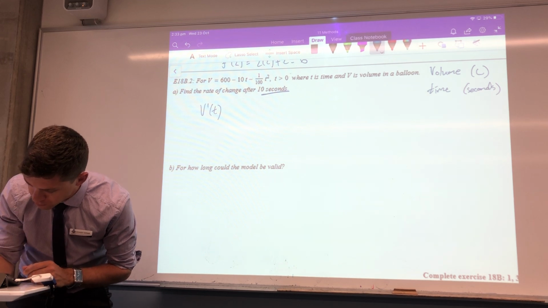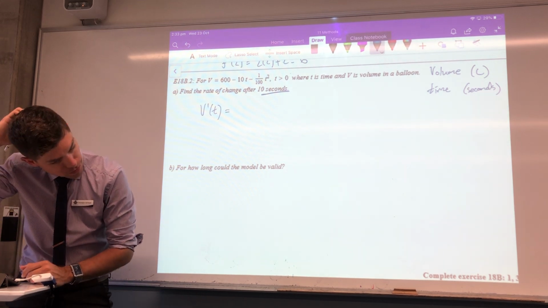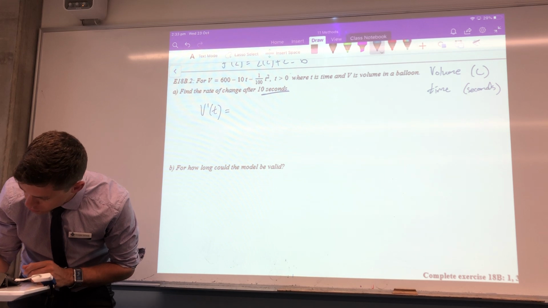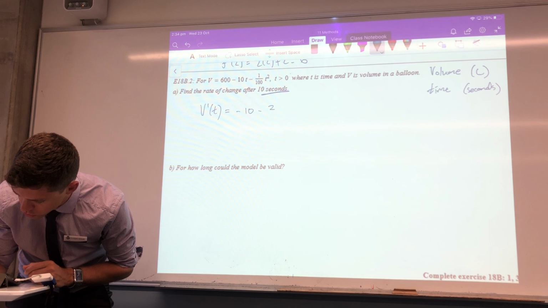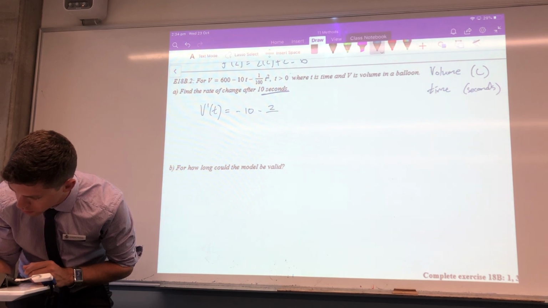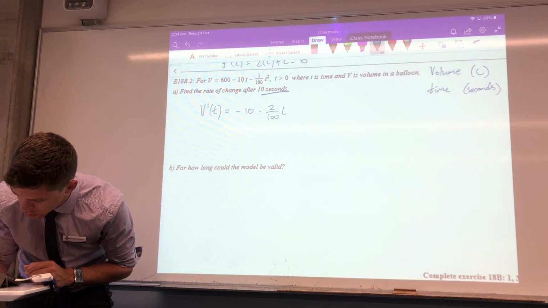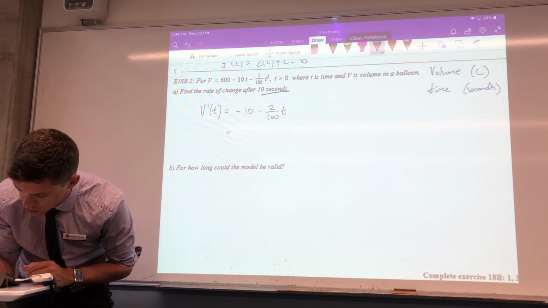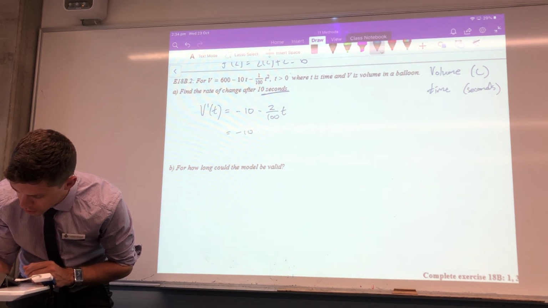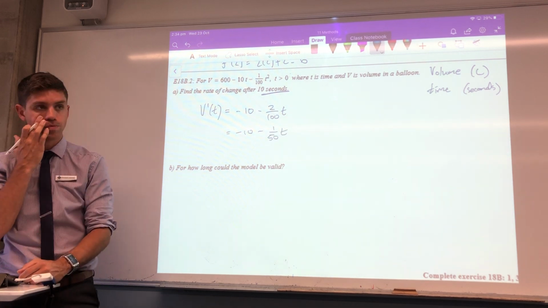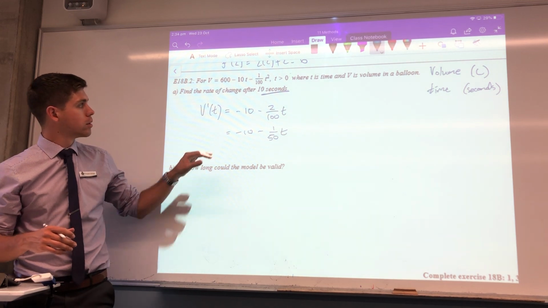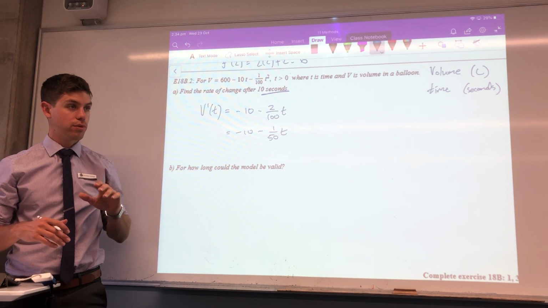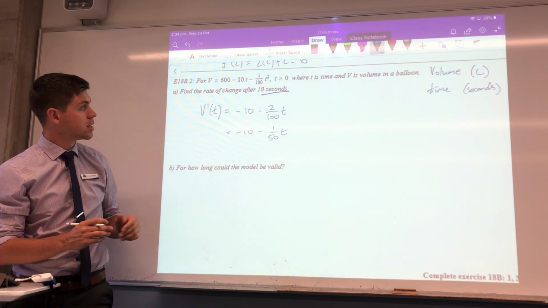So our derivative function for volume, V dash of t, is equal to negative 10 minus 2 over 100 t, or just negative 10 minus 1 over 50 t. The time value that we're trying to find the instantaneous rate of change at is t equals 10.